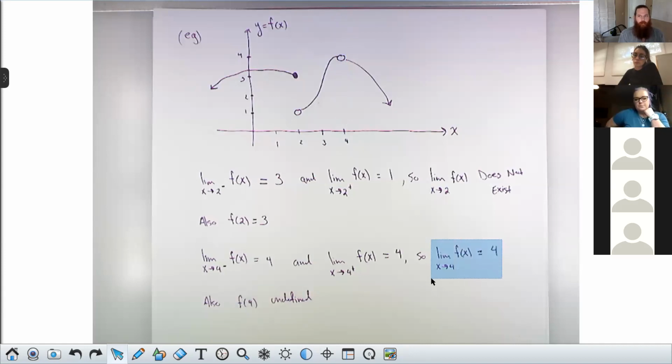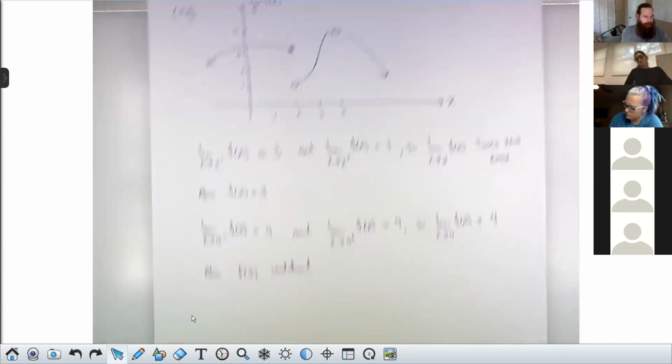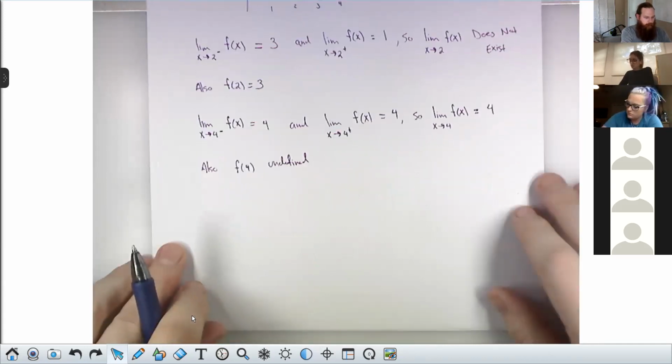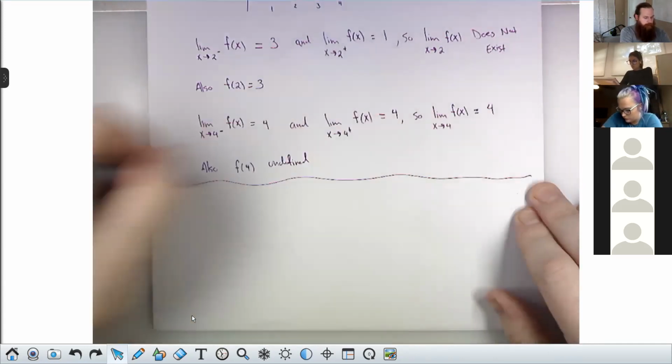So this is the thing that's usually tricky for folks at the start, is divorcing in your head the concept of the value of the limit from the value of the function. And it can get a little bit worse. Let me modify this just a teensy bit.